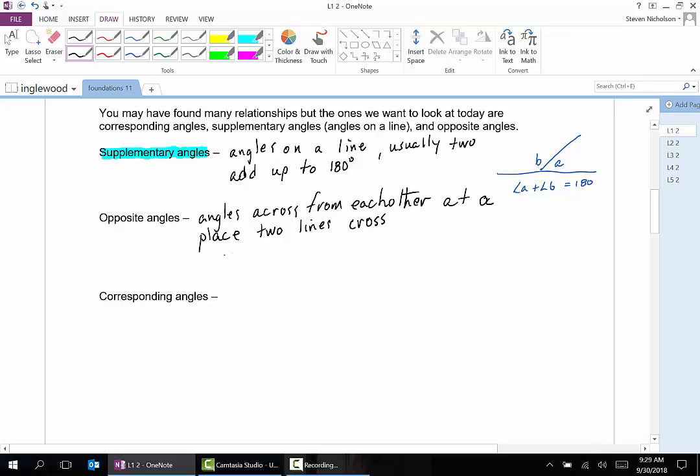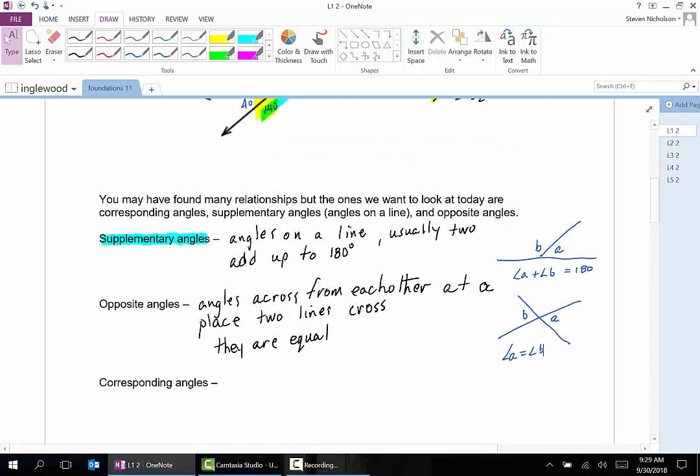And they are equal. And that's what you should have seen above. So for example, if we had angle A and angle B, well, given that they're opposite, angle A is going to equal angle B.